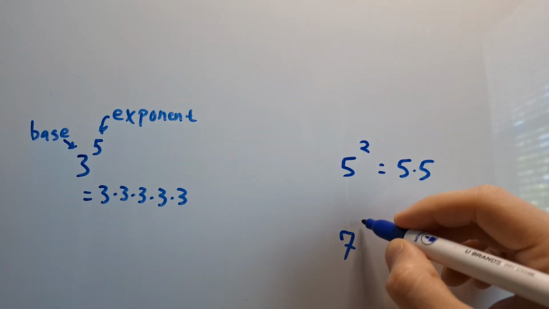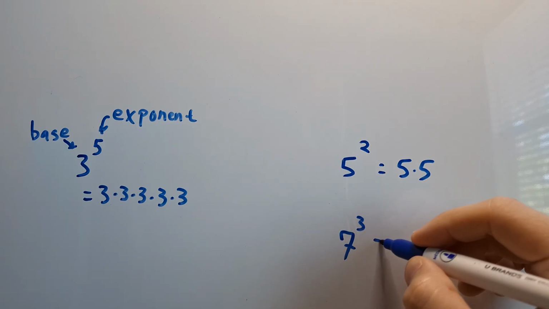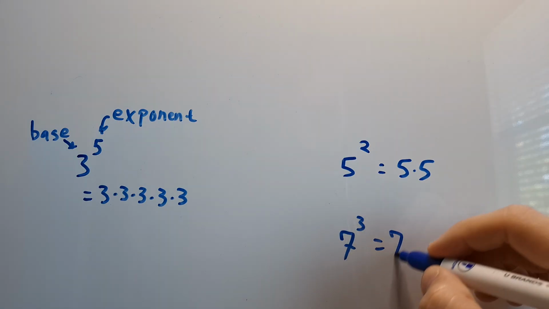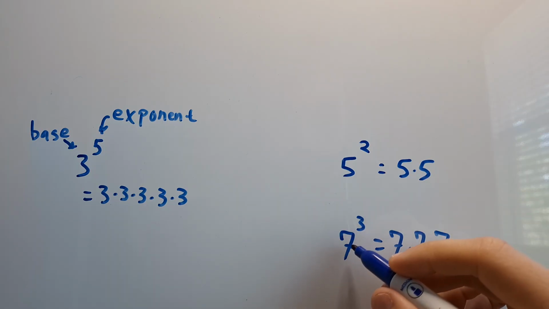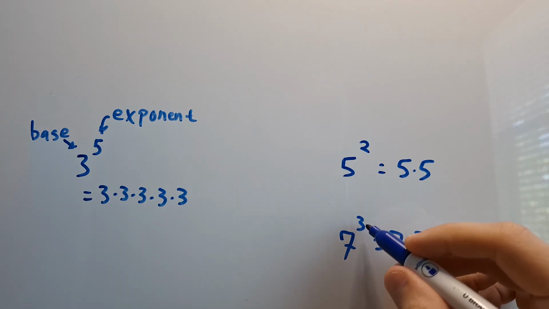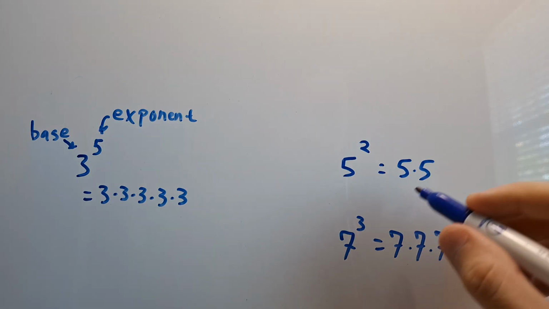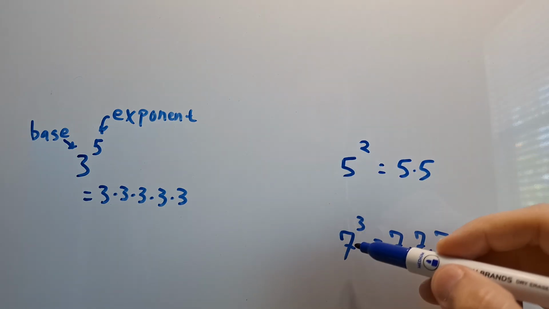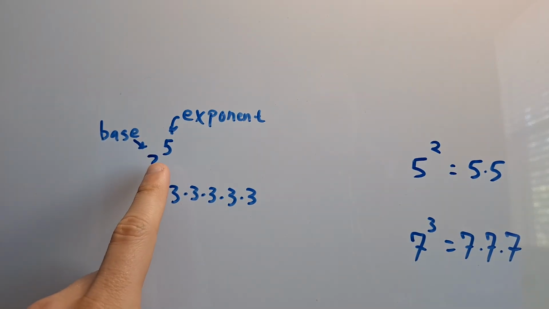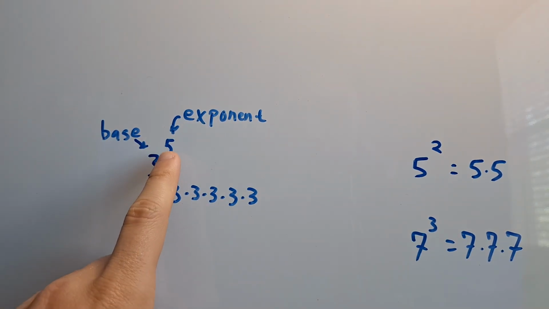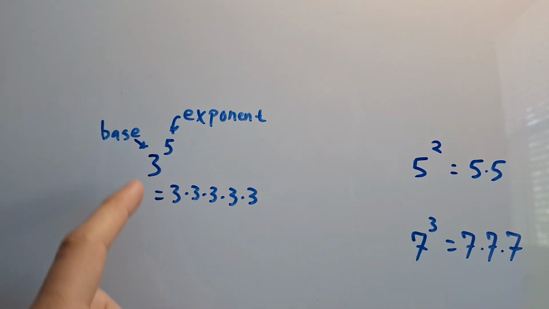Another case would be this one, 7 to the 3rd power. This can also be said as 7 cubed. So we have squared and we have cubed. If it's an exponent value that's larger than 3, we'll just simply say it like we did over here for this base, 3 to the 5th power. If that was a 4, we would say 3 to the 4th power and move on from there.